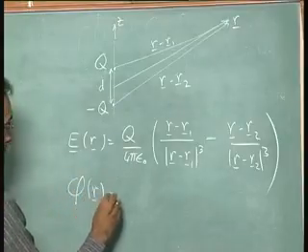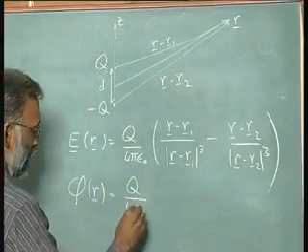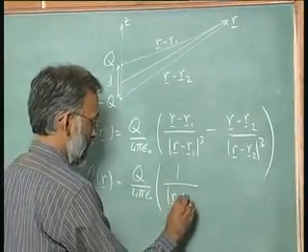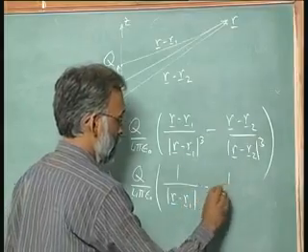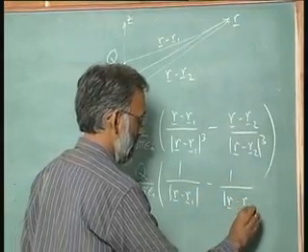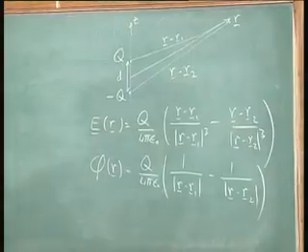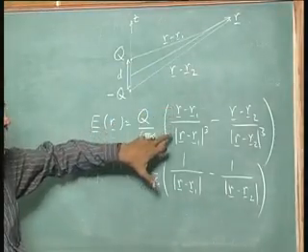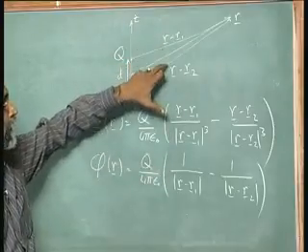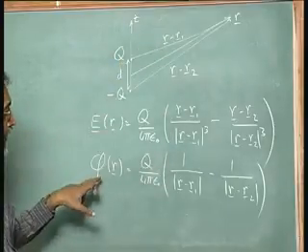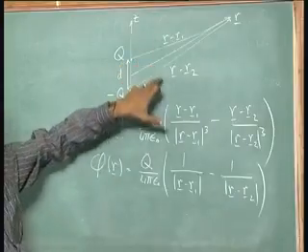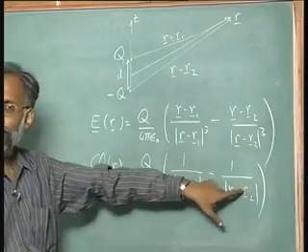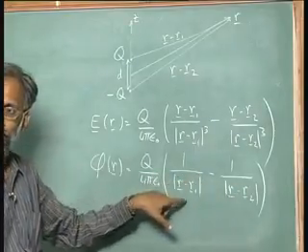Phi of r is equal to q over 4 pi epsilon naught, 1 over magnitude r minus r1 minus 1 over... that is, the electric field depended on the direction and the magnitude of each of these lines. The electric potential depends only on the distance, it does not care about the direction. It is an enormous simplification.